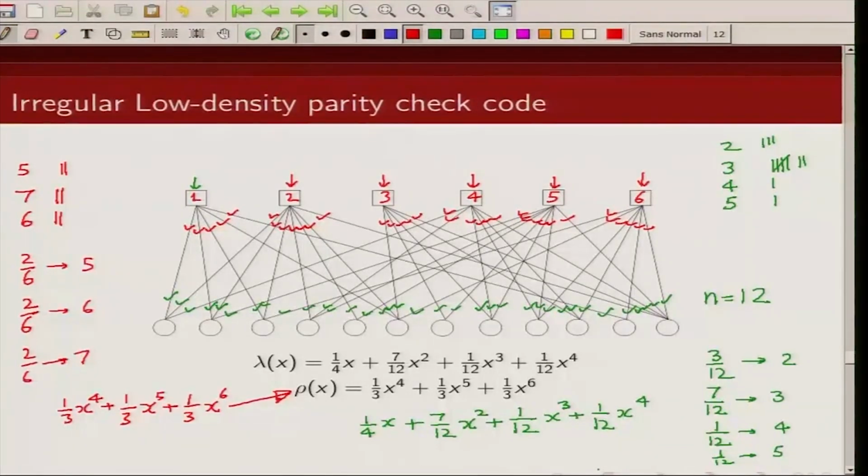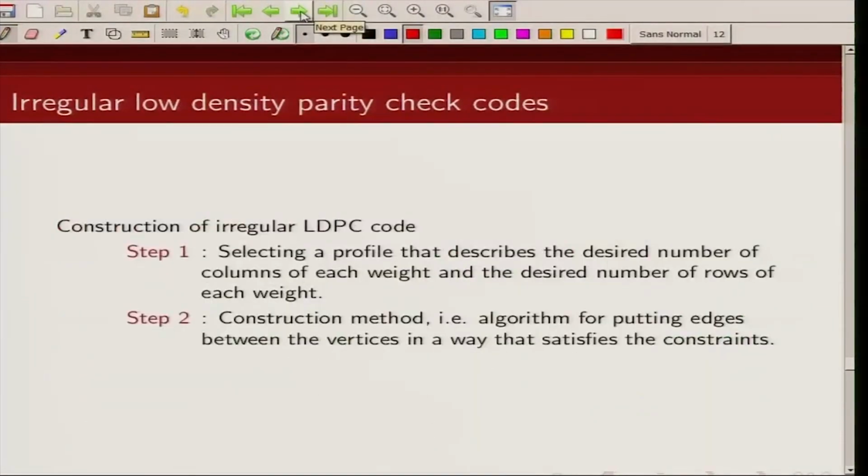Okay. So, to describe an irregular LDPC code, we need to describe these 2 degree distributions, namely the column degree distribution and the row degree distribution. So, we can use a random algorithm to construct an LDPC code.